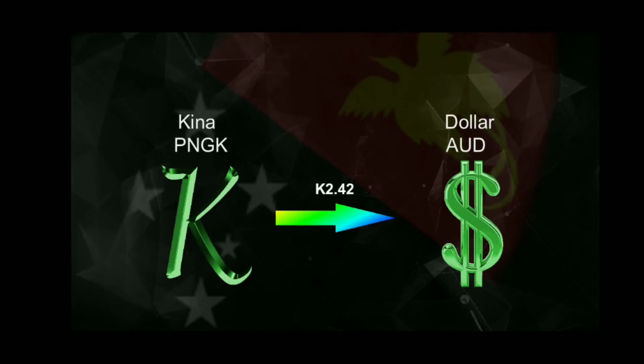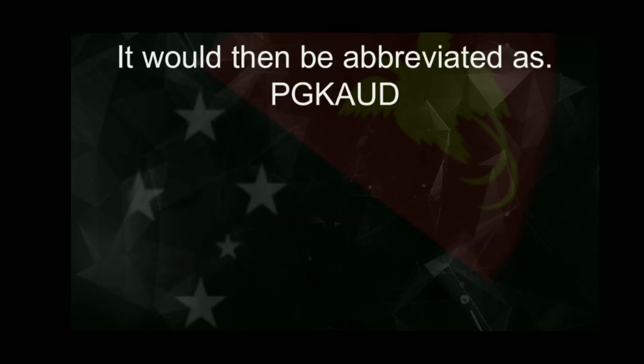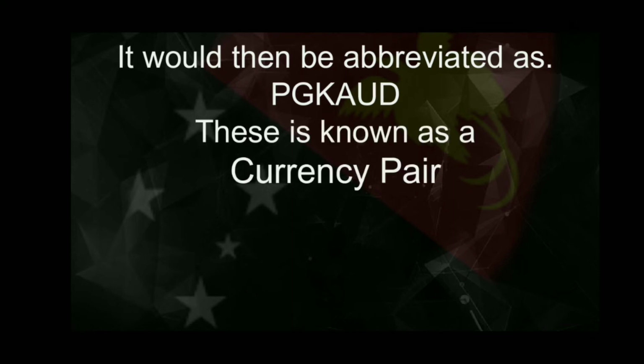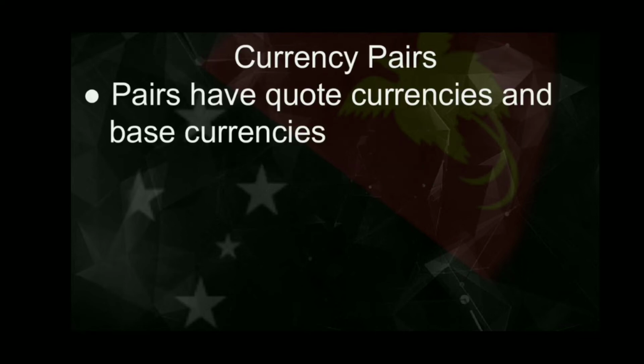Now, notice there is only one arrow in one direction. This will be abbreviated as PGKAUD. And in the Forex world, those are known as currency pairs.